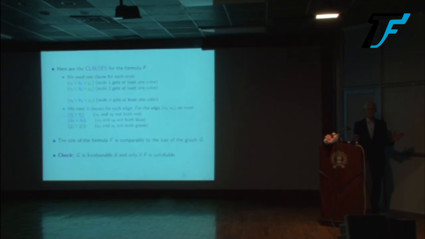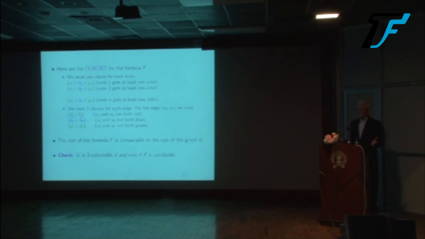It's easy to see that the formula is satisfiable if and only if the graph is three-colorable. If it's satisfiable, the truth assignment tells you how to color the graph. And if you know how to color the graph, you can get a truth assignment satisfying the formula. So this kind of reduction is usually pretty easy to carry out.